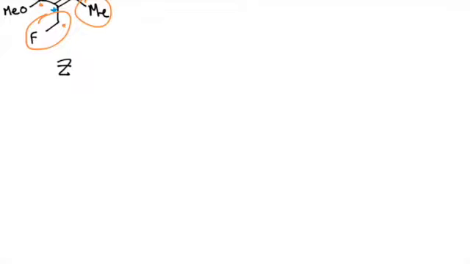Another example would be this one. In this case we have that red carbon atom has a methyl group and a hydrogen, and again the methyl group is going to be higher priority.